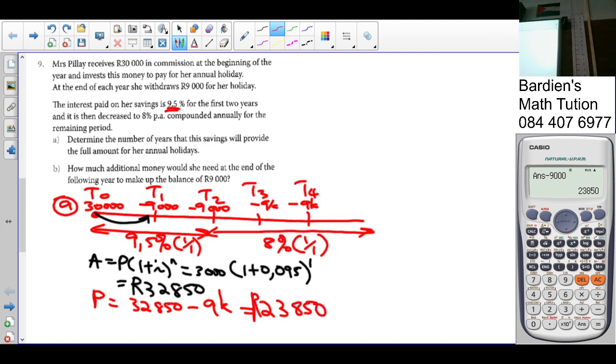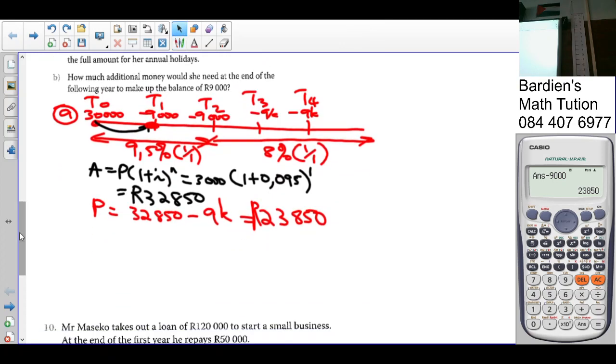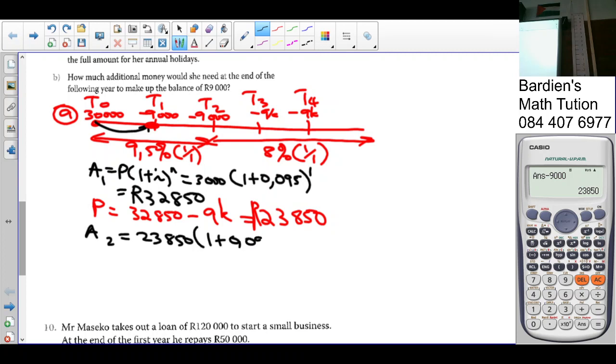Which now becomes a principal value at this point. Not so? So A2 is going to be 23,850 Rand into 1 plus 0,095, again to the exponent 1, because it's drawing interest for 1 year.